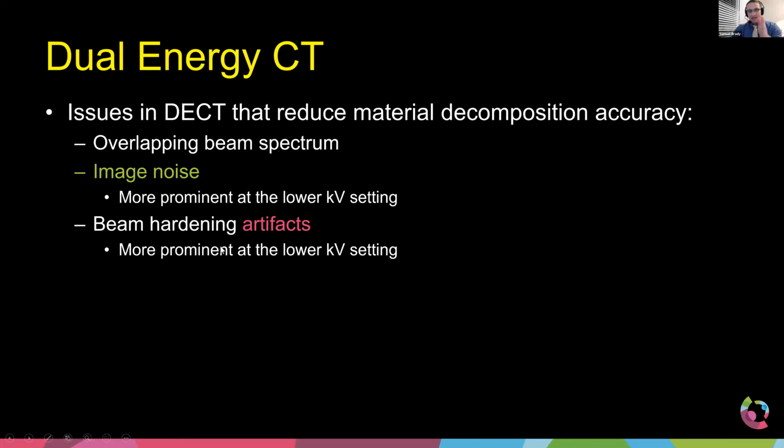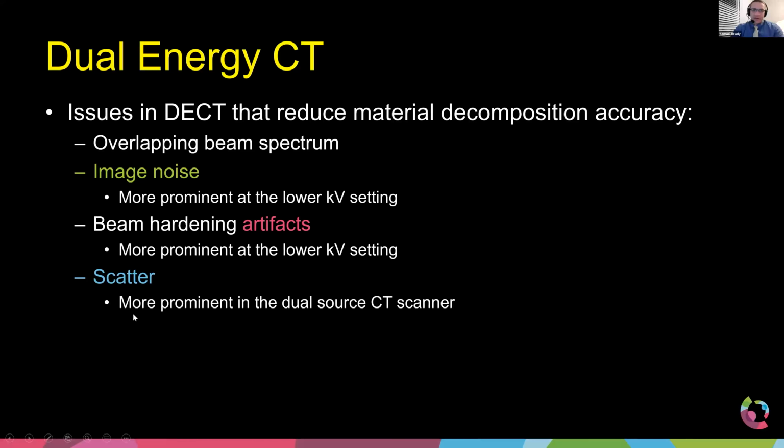Now, we want a distinction between one energy spectrum and another, but we don't want those spectra changing as they go through our body. We want them to be mostly the same, so that we can rely on the fact that we know what an 80 kV spectrum and a 140 kV spectrum look like. So we have to correct for that beam hardening effect. And the final thing is scatter.